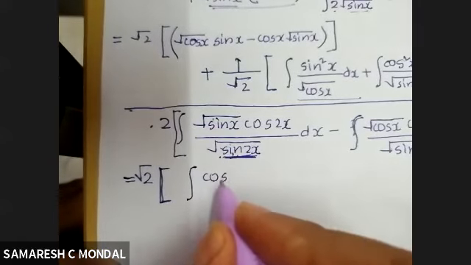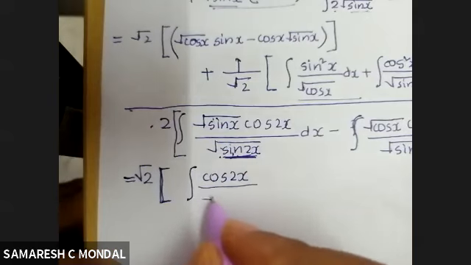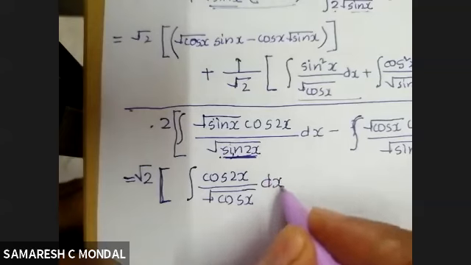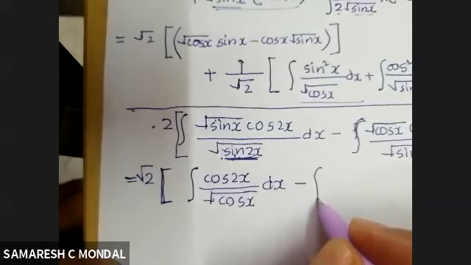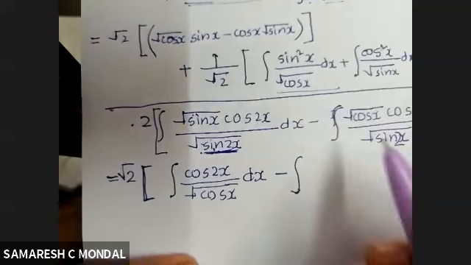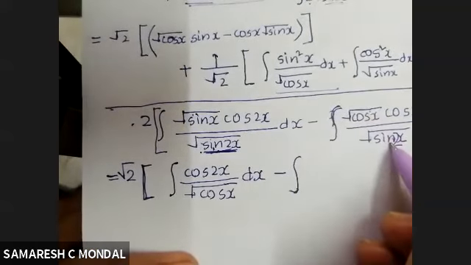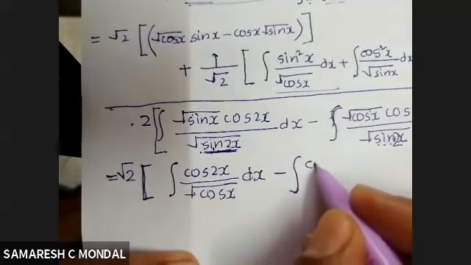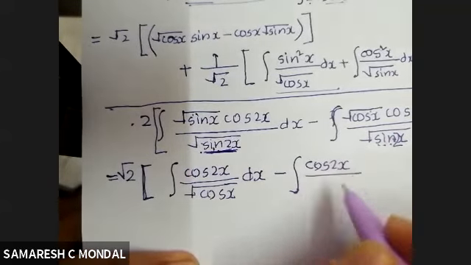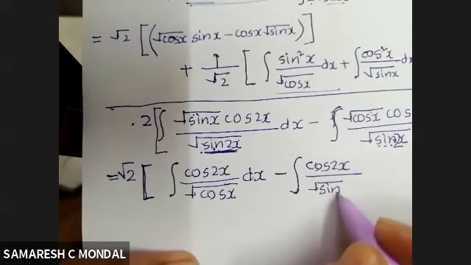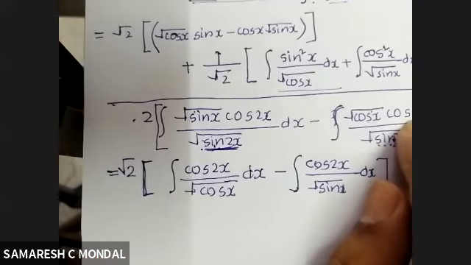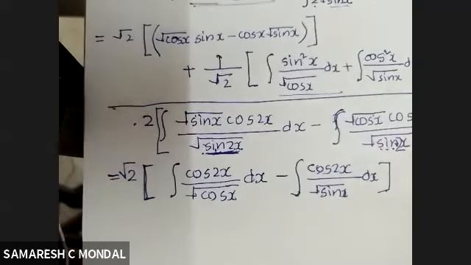So you get cos 2x by root of cos x, minus integration of, again root cos x gets cancelled, and that root 2 which I took out also gets cancelled. It will be cos 2x divided by root of sin x dx. It's fine.